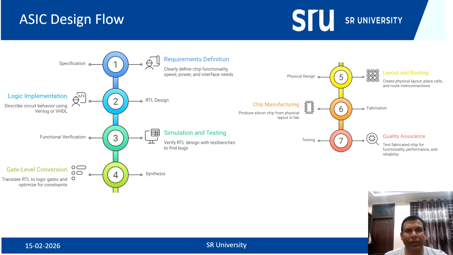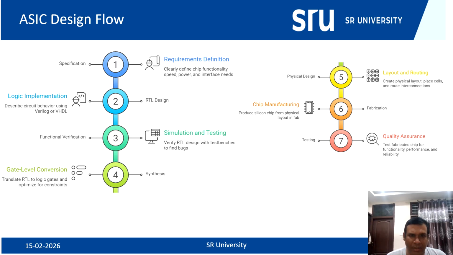Now coming to the physical design, that is step number 5. Physical design basically converts the gate level netlist into a physical layout that can be manufactured. This stage includes several important steps such as floor planning, placement, routing. Floor planning defines the overall layout and placement of major blocks on the chip.